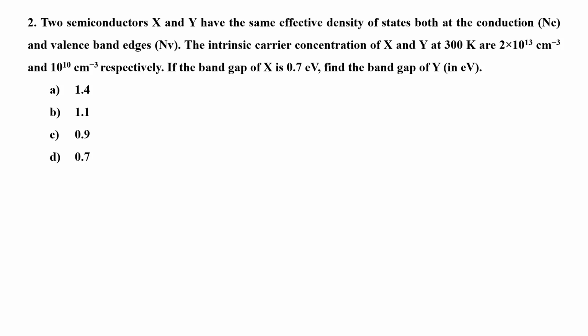Clubbing these two and substituting all the given values, you will get the band gap of Y. So that is your hint. Use the equation for Ni, which connects Nc, Nv and band gap. Write down both equations, and since they have the same effective density of states, that is where you can equate both of them. So everyone please start working it out.